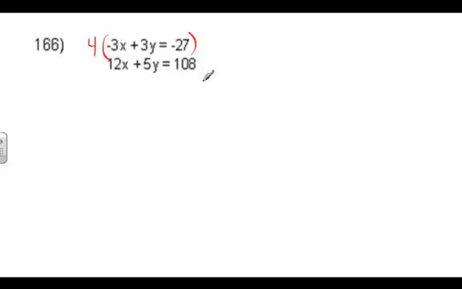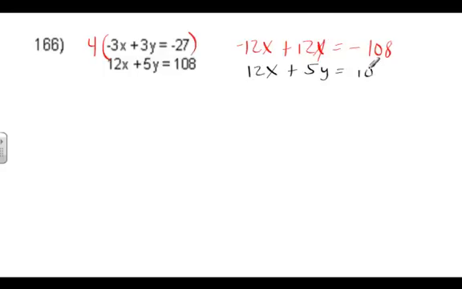So my new equation will be negative 12x plus negative 20y equals negative 108. And then my original one here was 12x plus 5y. Whoop, that was a y, by the way. Plus 5y equals 108.